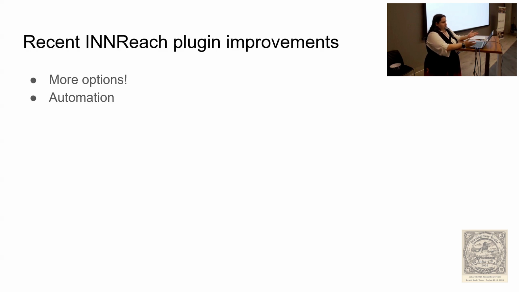So we said, okay, we can do that. Tomas updated the plugin, we tested it, and we did that with a lot of different things, just because Click and Blue Hills were our only INN-Reach libraries before. And then Cuyahoga and Westlake both came on this year, or in the last year.